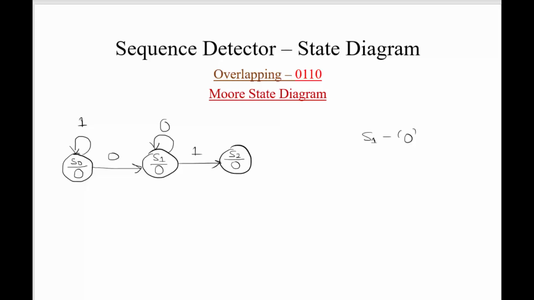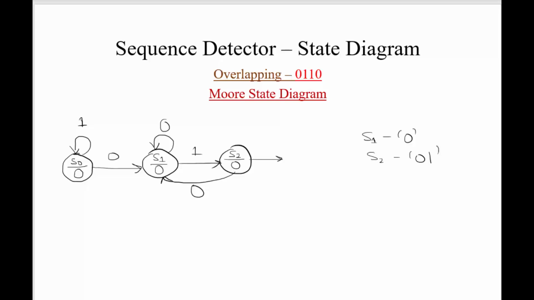Our output will still be 0, and S2 is once again telling us that the first two bits have been remembered. Now on S2, if a 0 occurs, just like we did in the Mealy type state diagram, because 010 is not part of our desired sequence, we have to go to S1 considering this as the first zero of our desired sequence.